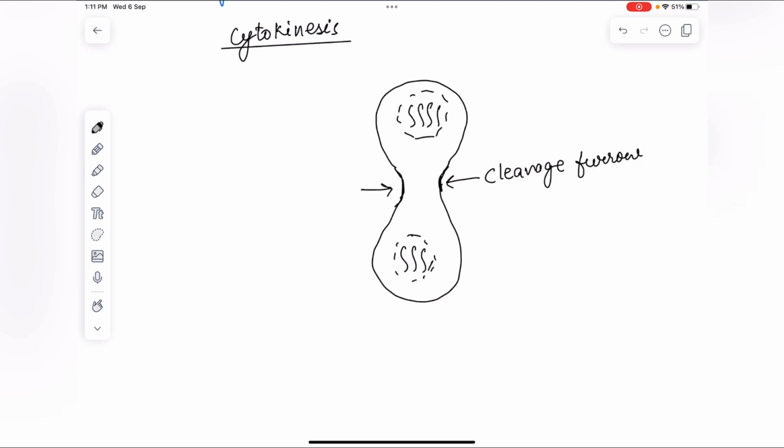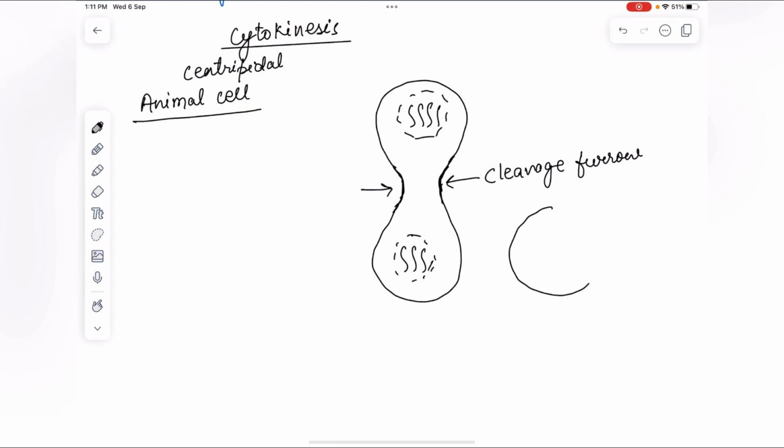The cytoplasmic division takes place like this, and it is also called centripetal, because the division takes place by the cleavage furrow. This takes place in the animal cell, and it gets divided into two cells.